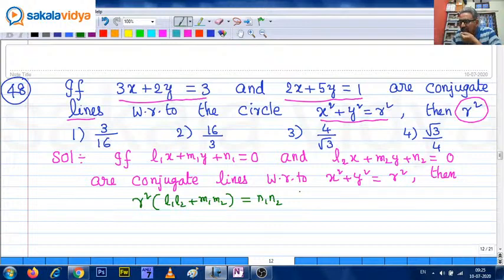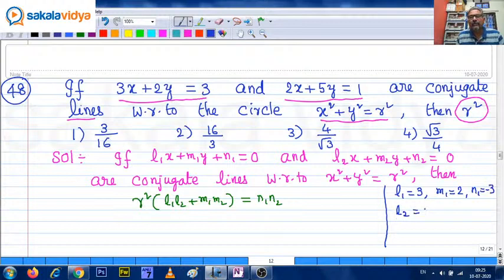Yes, Sohan. Let us substitute the respective values here. L1 equals 3, M1 equals 2, N1 equals minus 3. L2 equals 2, M2 equals 5, N2 equals minus 1. Let us substitute now.